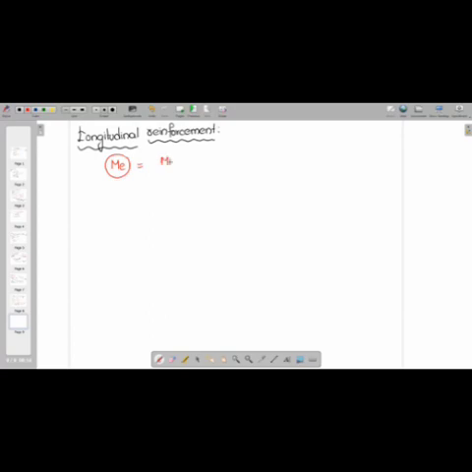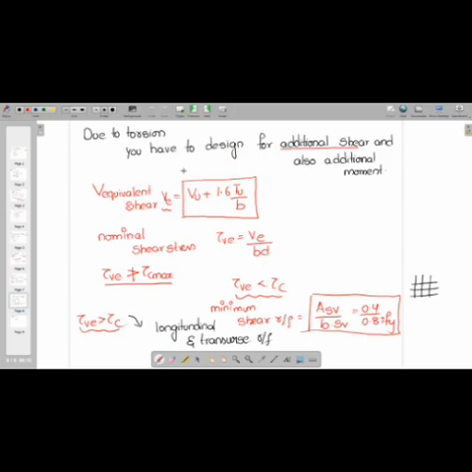Me is equal to the ultimate moment Mu plus Mt. Please remember this formula, it is very important.